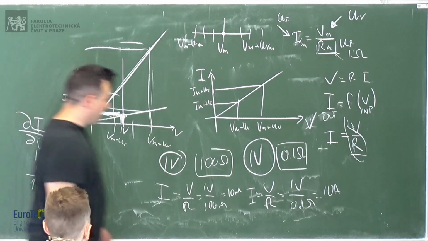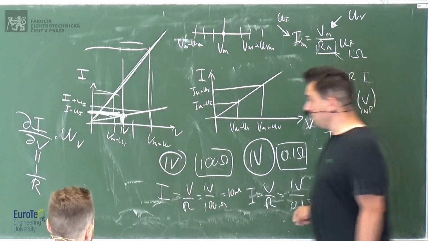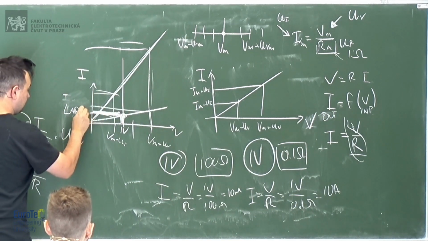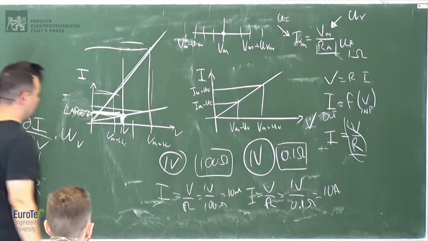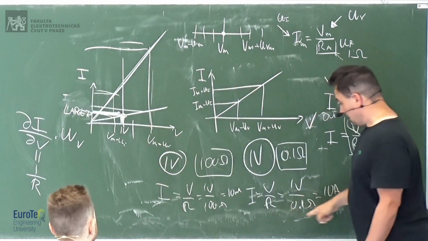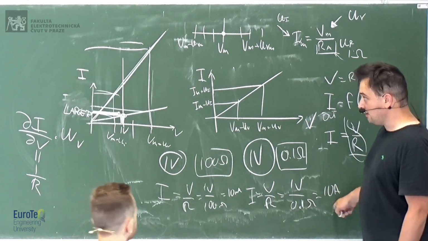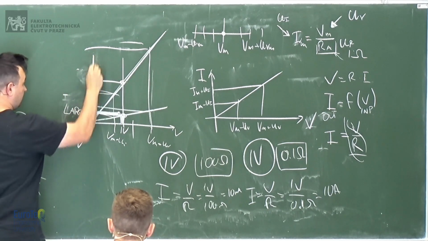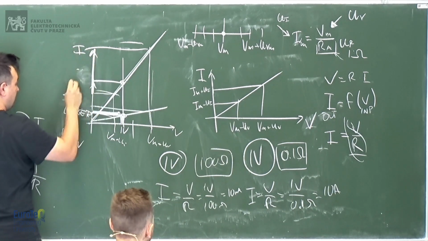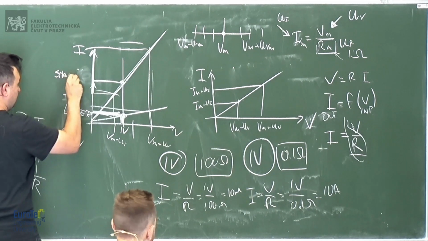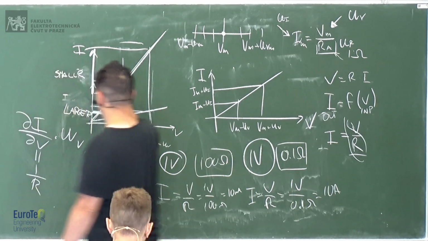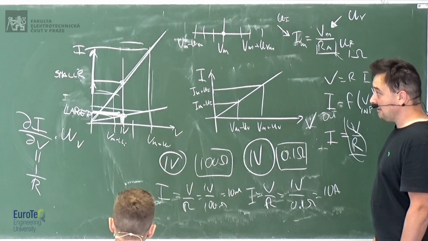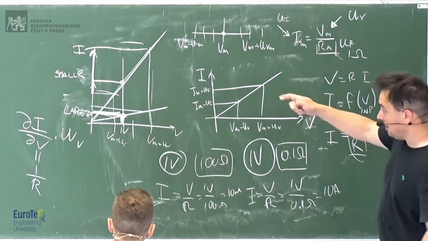This is corresponding to large R. If I have a small resistance, it corresponds to a large current. This is small resistance. I have a large current, okay? But look carefully about the uncertainty.